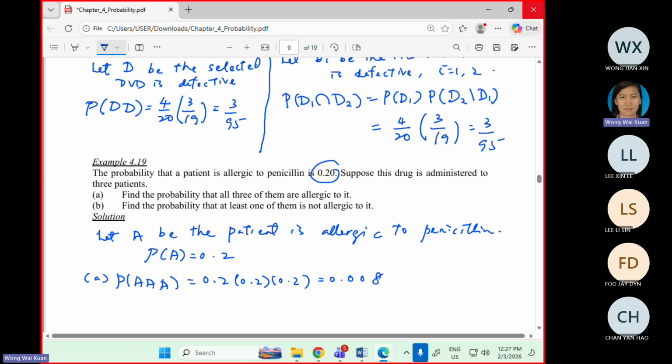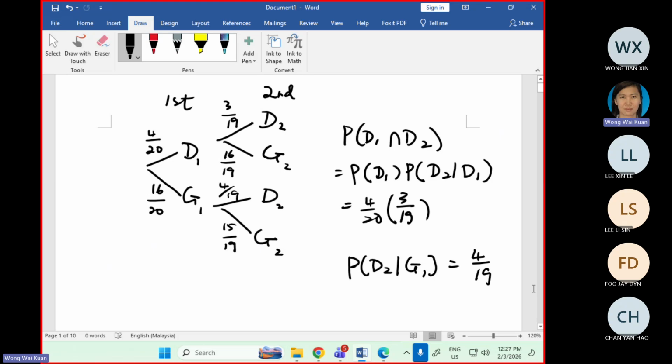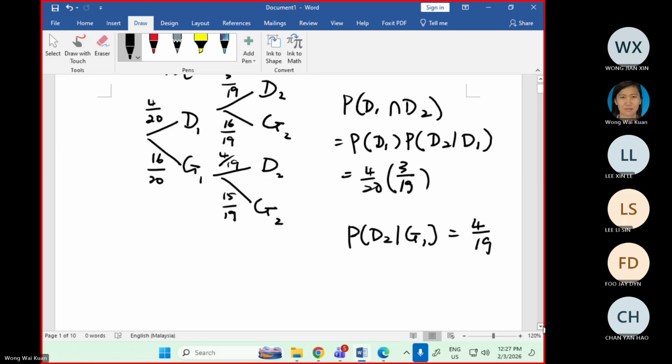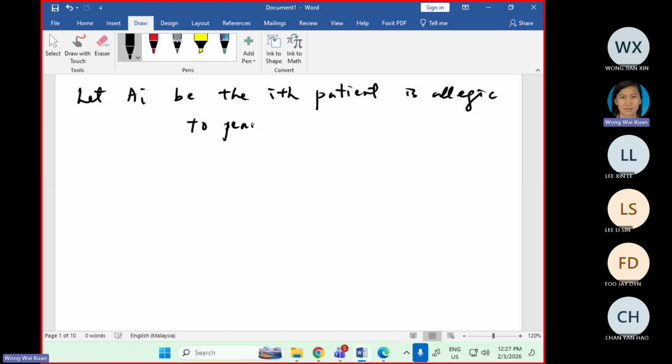Okay? So now, how could I write this in a very formal way? I could let Ai be the i-th patient is allergic to penicillin. Then probability of Ai is 0.2, right?